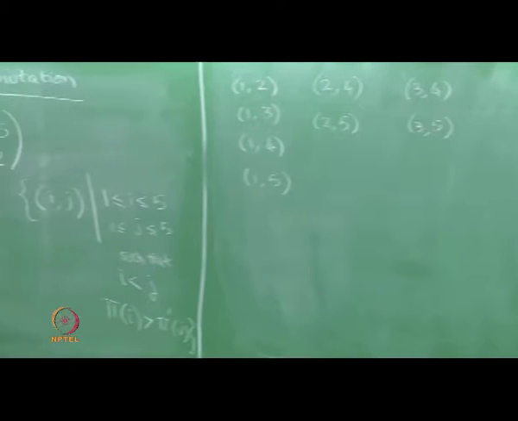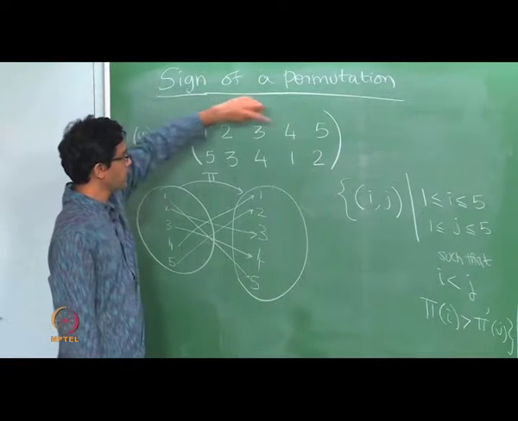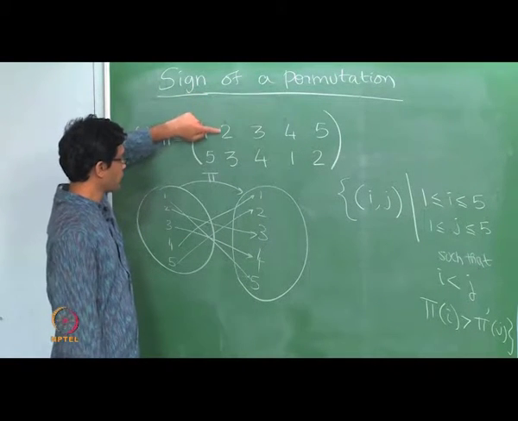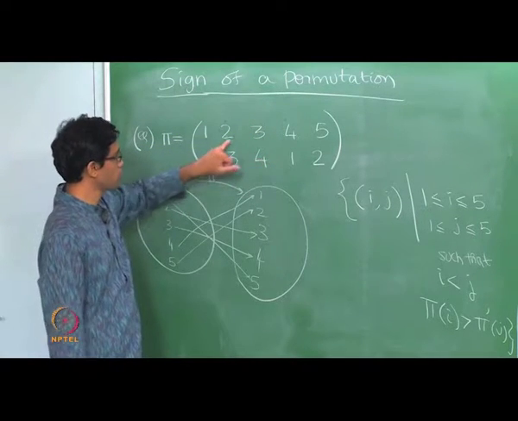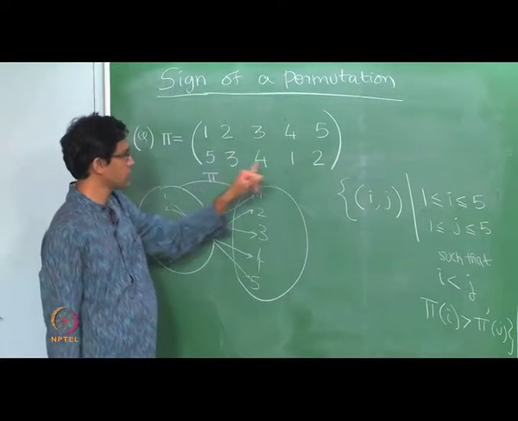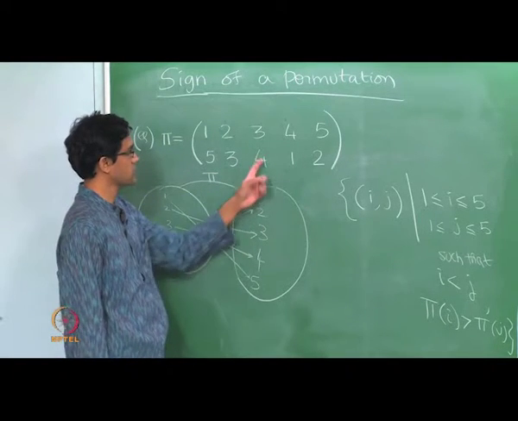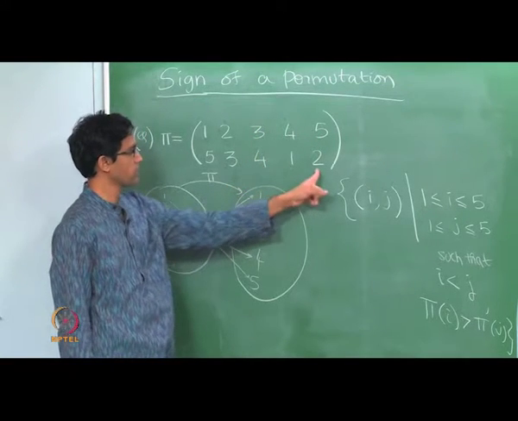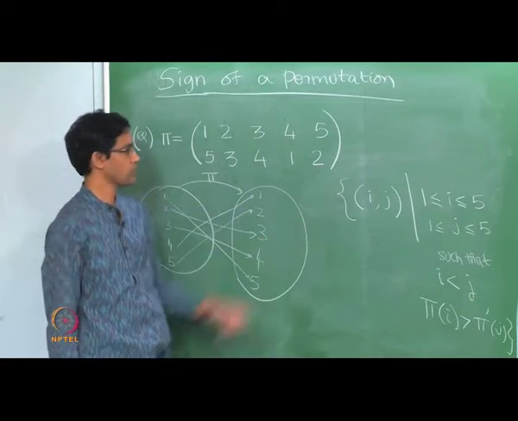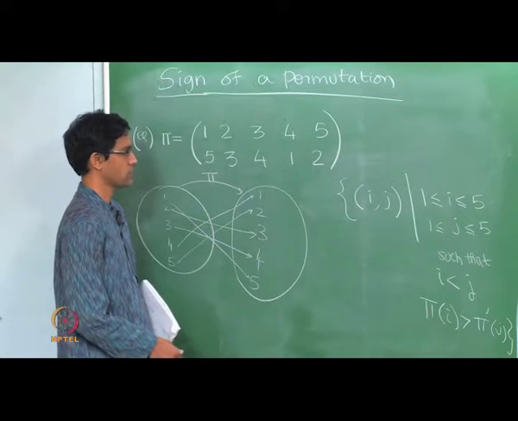Let us just check. If you look at 2 4, if i is 2 and j is 4, pi of 2 is 3, whereas pi of 4 is 1. So 2 is smaller than 4, but pi of 2 is strictly bigger than pi of 4. Similarly if I have 3 5, 3 is smaller than 5, but what it maps to, 4, is bigger than what 5 maps to, which is 2. So this is the list of elements.